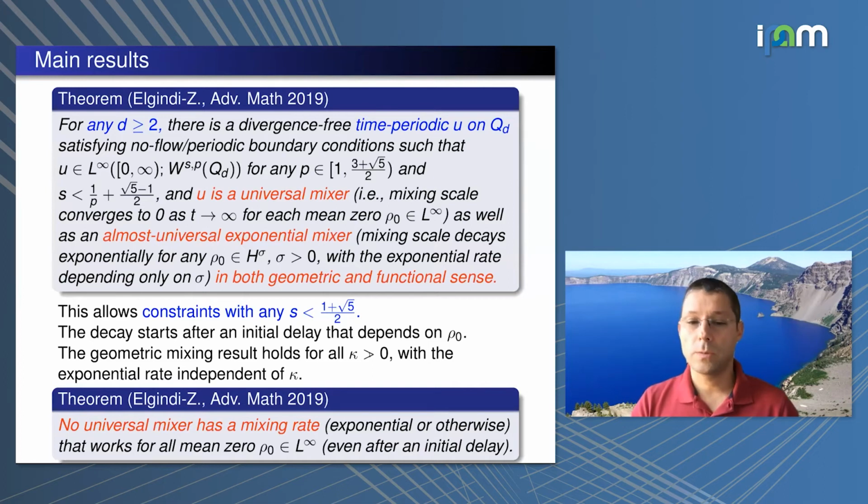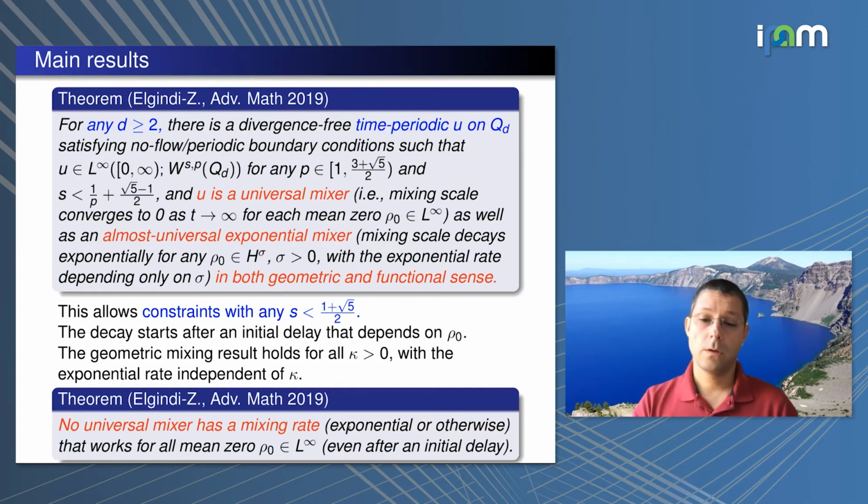That is not possible, and that's the second result here. Any universal mixer that you have cannot be a universal exponential mixer, only almost universal. Even more than that, it cannot have any mixing rate. So whether you want it exponential or some slower rate, it just cannot have it.